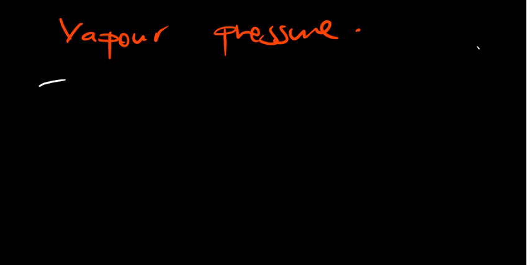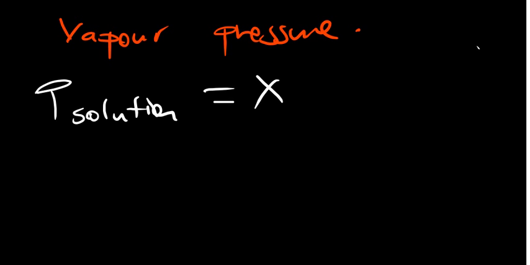Vapor pressure is dependent on this formula: the vapor pressure of a solution, denoted by P solution, is equivalent to the mole fraction of the solvent multiplied by the vapor pressure of the pure solvent.